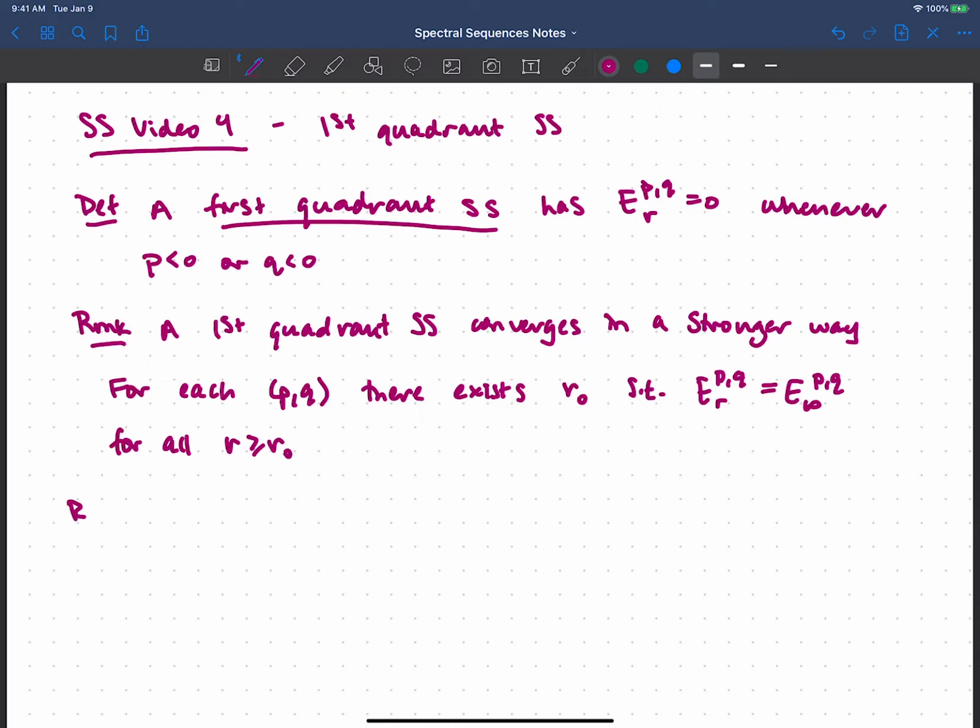But before we do that, let me say that in a better case, sometimes convergence is even better.